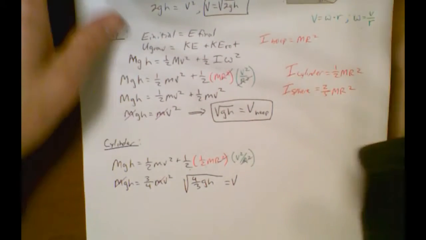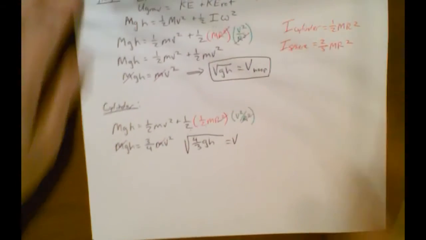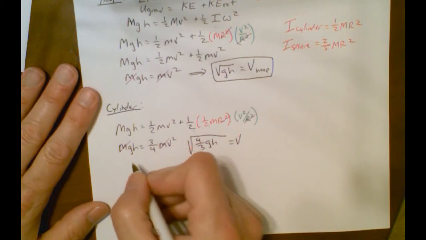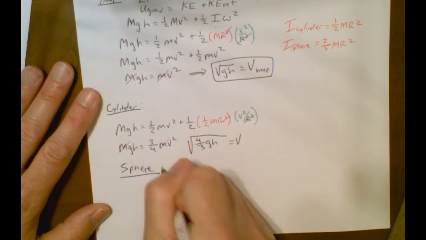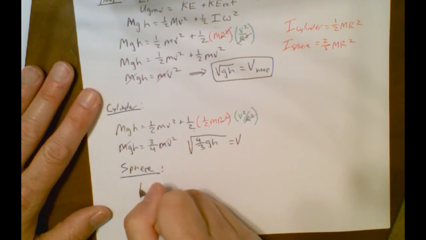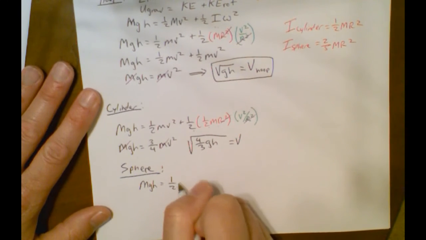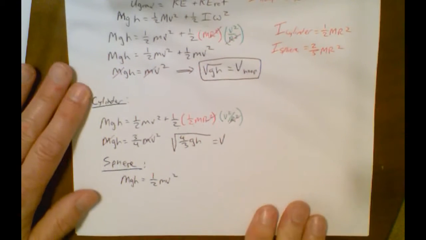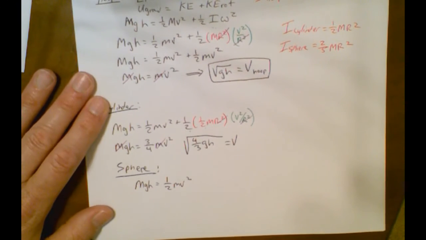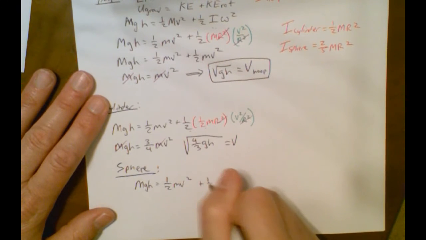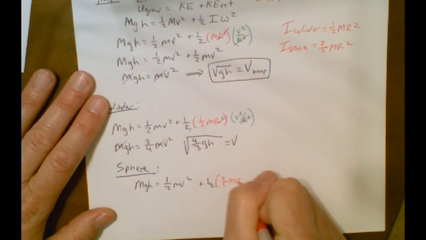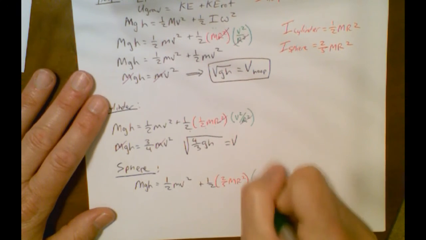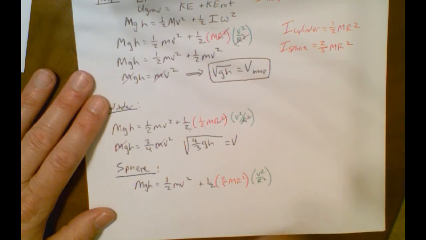I'm going to move on up. Hopefully this can be seen in here. mgh equals 1/2 mv squared, taking a look at the formula I had earlier for the cylinder, plus 1/2 times 2/5 mr squared times v squared over r squared.